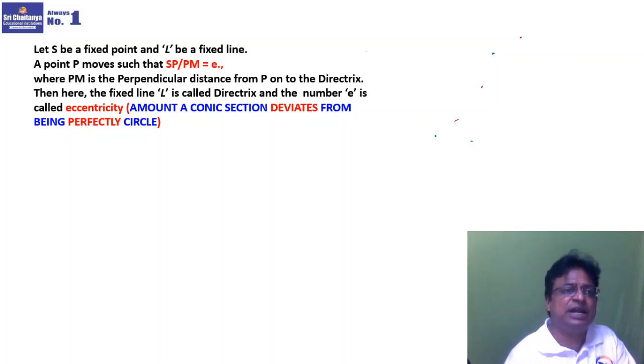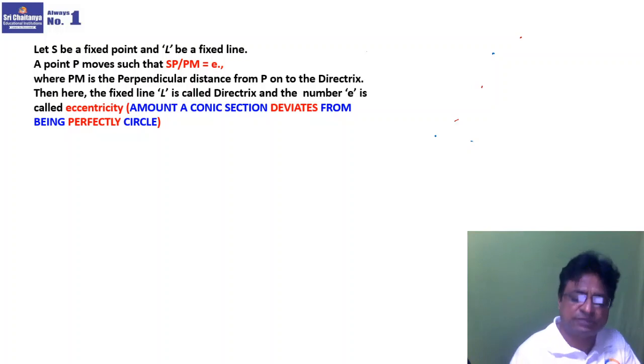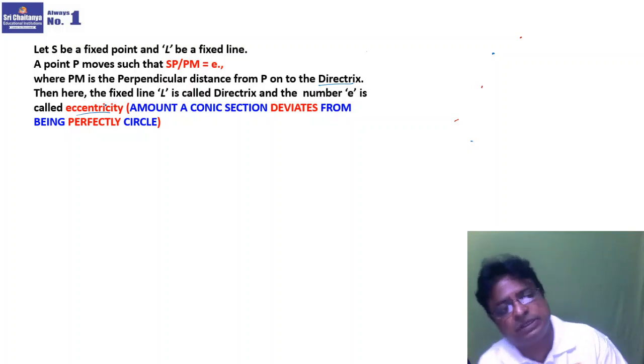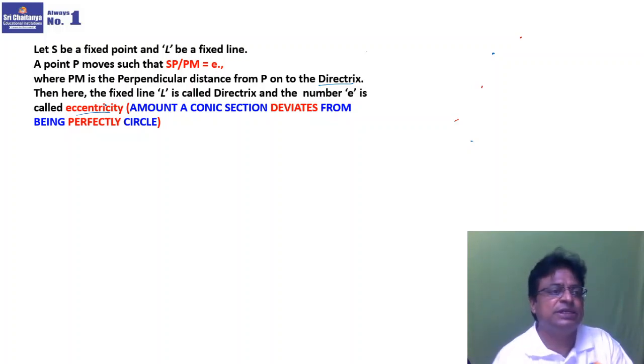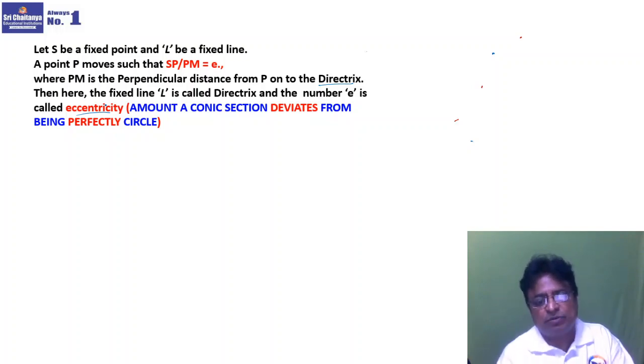My friends, here I introduced two important terms, directrix and eccentricity. The meaning of eccentricity is the amount by which a conic section deviates from being perfectly a circle. In the previous video we discussed the generator making an angle with the axis at the vertex.